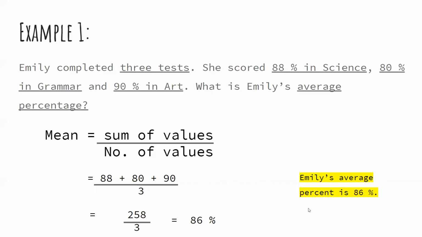So the number of values refers to how many values we have to work with. 3 tests, 3 values. Now, as we stated, 88 plus 80 plus 90 is 258. When we divide that by 3, we get 86%. So Emily's average percent is 86.